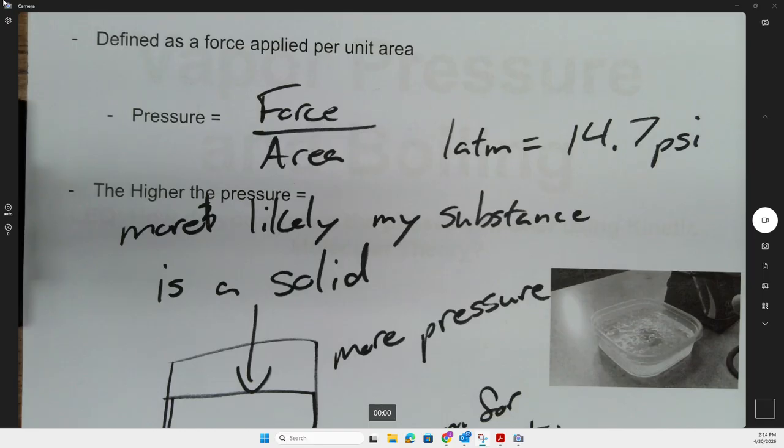We had a real life experience with this a couple years ago with the Ocean Gate fiasco, that privately owned submarine on its way to the Titanic, where the outside of the submarine had more pressure than the inside of the submarine. And much like my can imploding on itself, so did the submarine.